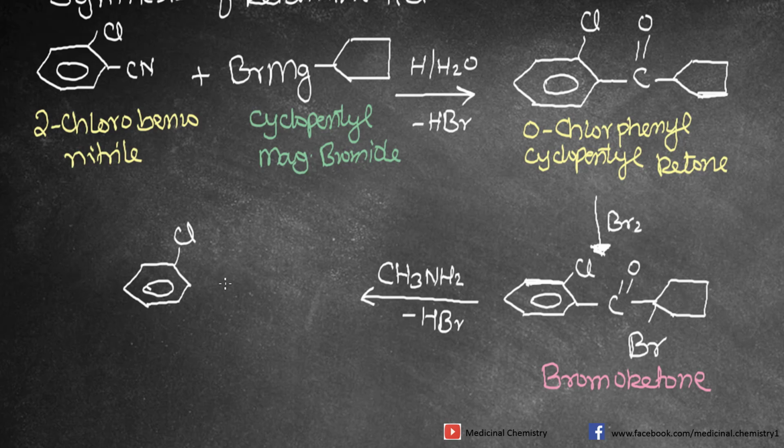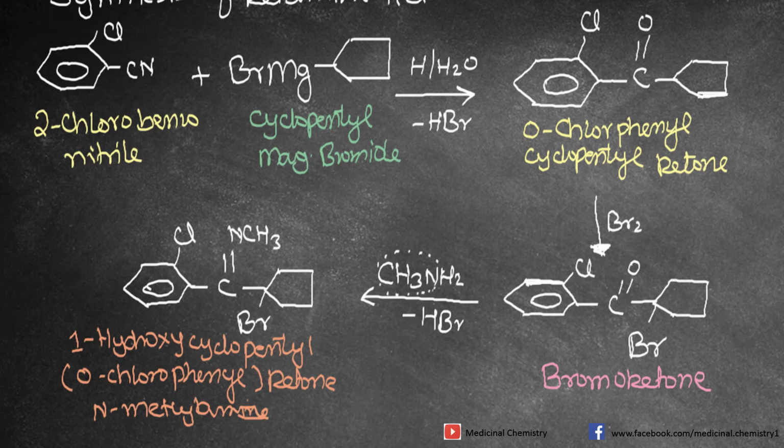How does this reaction take place? Here is a representation. We have benzene and chlorine, which is the same, and instead of the carbonyl oxygen we attach nitrogen with CH3, and the remaining compound is the same, cyclopentyl, and HBr is removed.